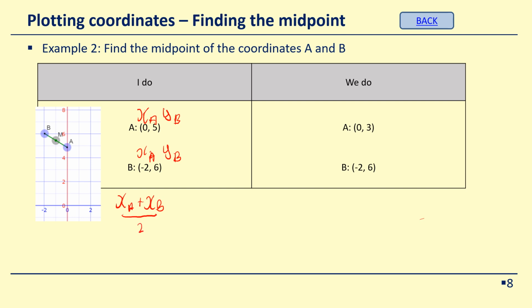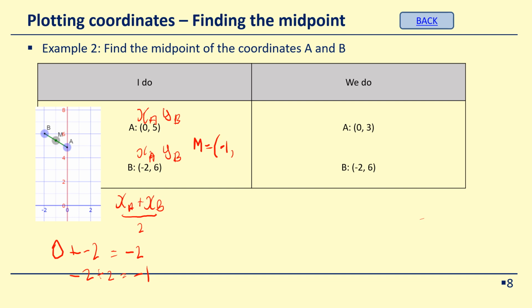Right? So 0, remember this is a negative number, so when you add a negative number, you're actually taking it away. So 0 add minus 2 is minus 2. Half of minus 2 is minus 1. So the midpoint is minus 1 for the x, and you can see that.